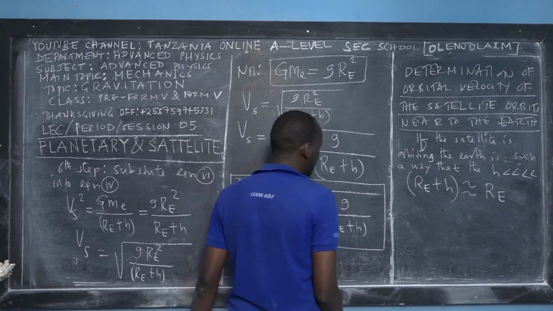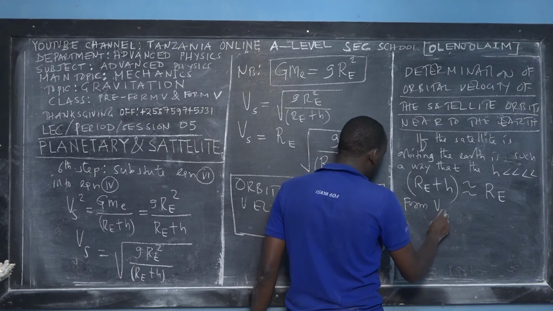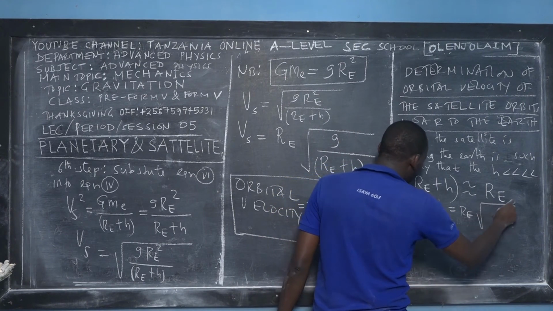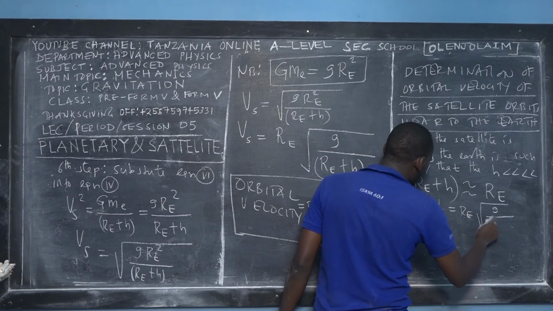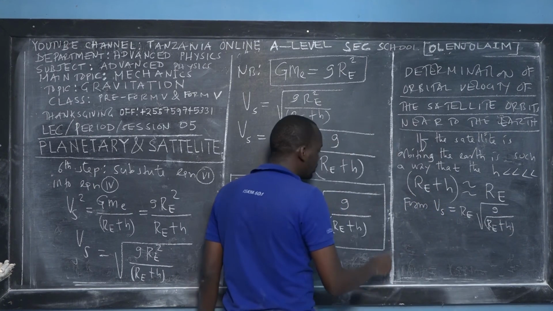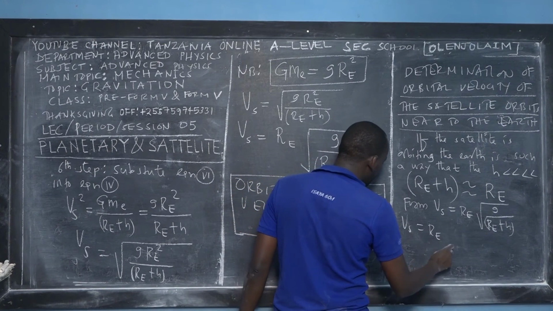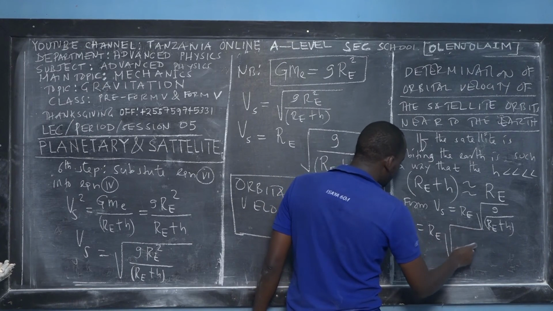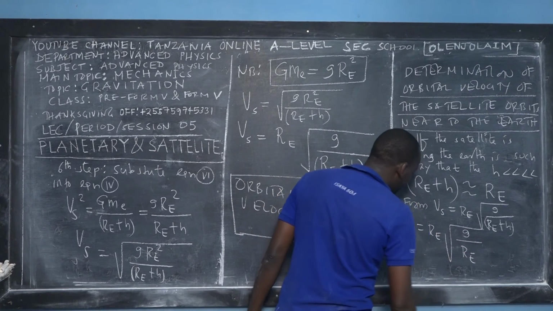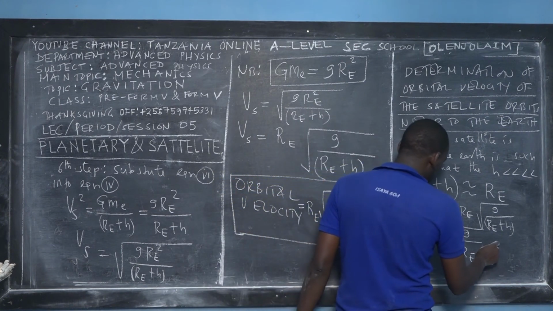So from this case, from the formula of orbital velocity, which is equal to the radius of the Earth times the square root of g over radius of the Earth plus height, but this height is now negligible. Then orbital velocity is equal to the radius of the Earth, which is constant, times the square root of g over the radius of the Earth.